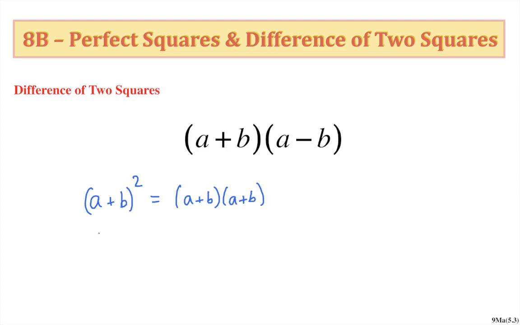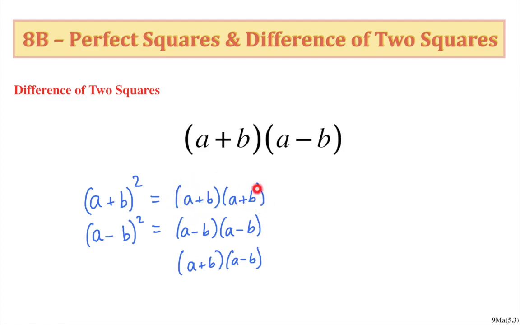Then we did a minus b squared, which was a minus b times a minus b. Now we actually have a plus b times a minus b. So you can see the three different cases. First case, both brackets have exactly the same things with pluses.